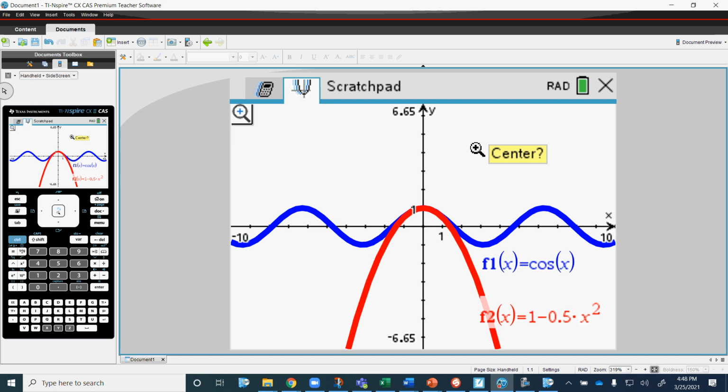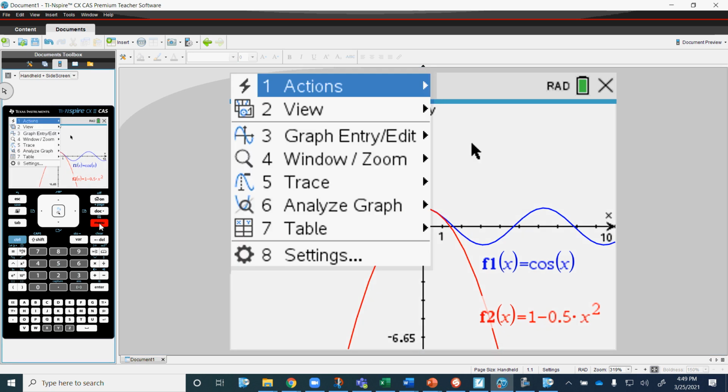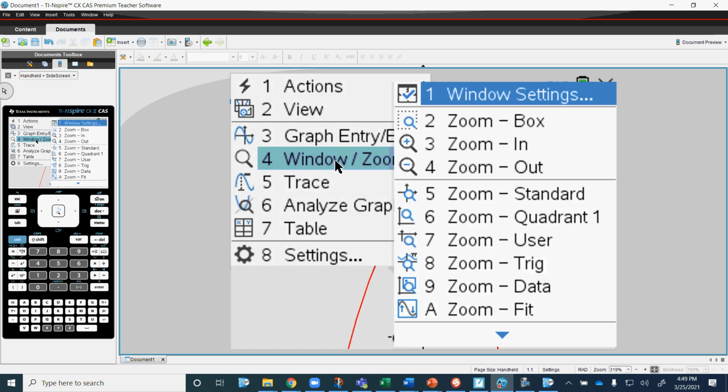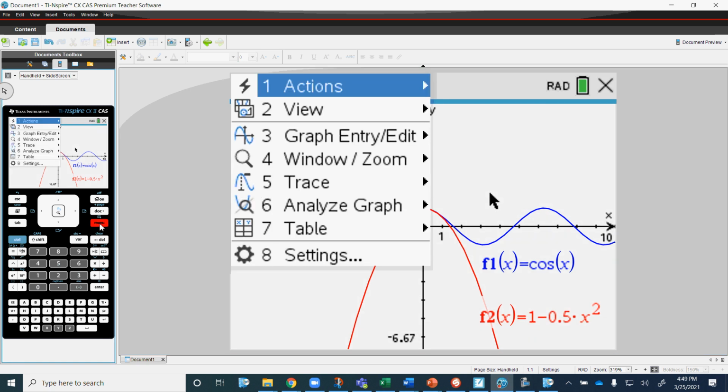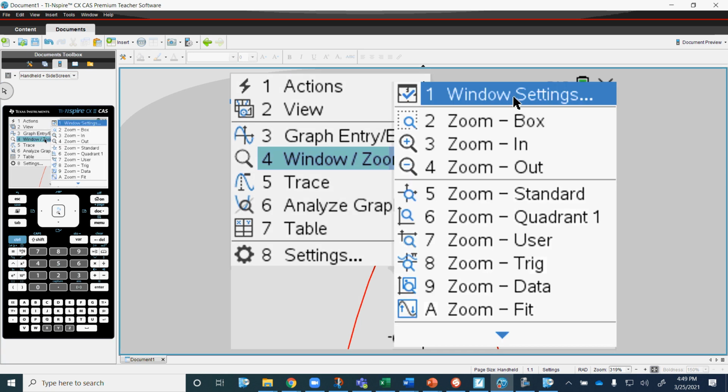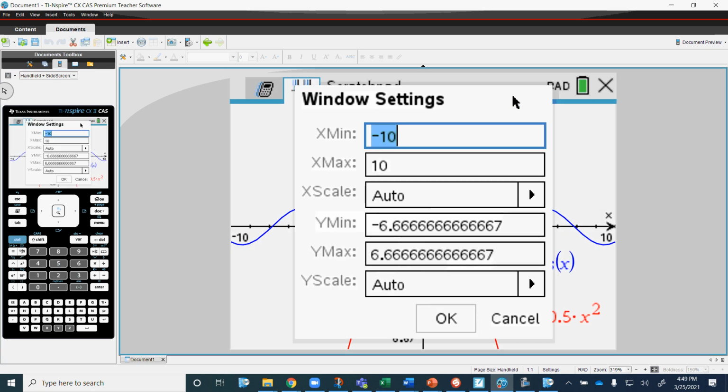Let me see if I can clean this up just a bit. Let's go back to the standard one, because I really don't like the thickness of the lines. Let me select what I want my window settings to be.